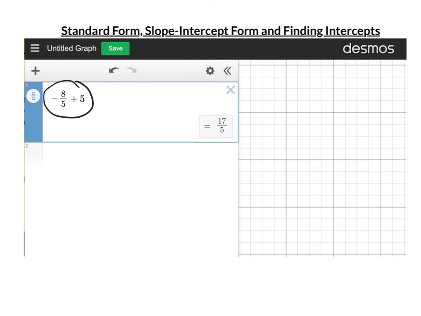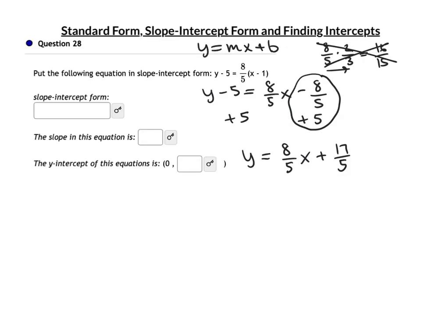But a lot of times these questions will require fractions, so you're going to want to hit the fraction button, and it will tell you that it's 17/5. Our equation is y equals 8/5 x plus 17/5. The slope is 8/5, and the y-intercept is 17/5.